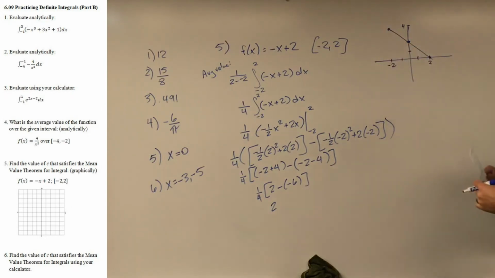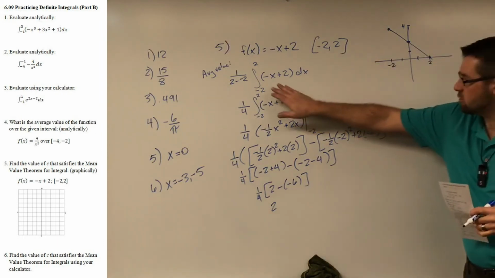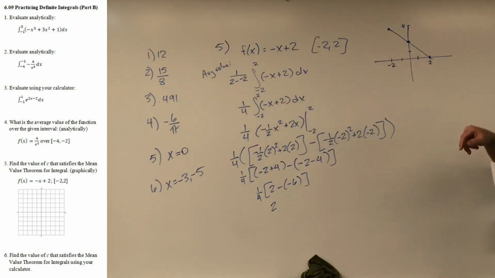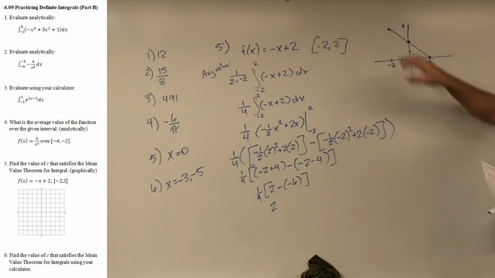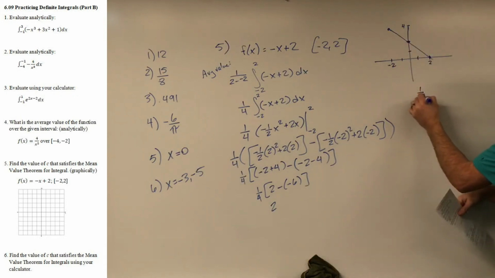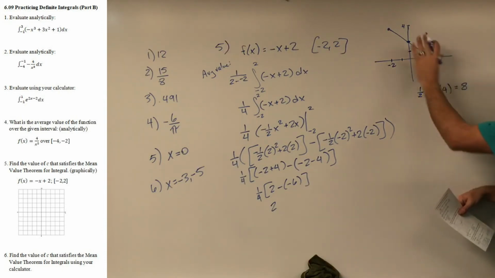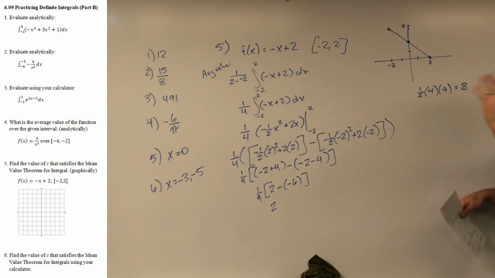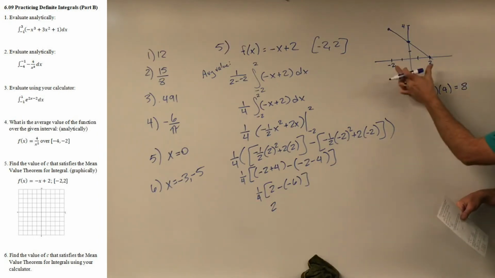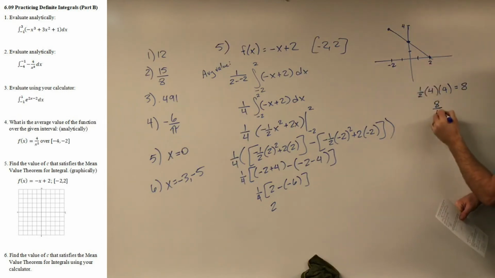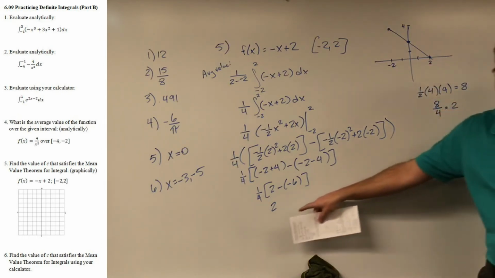That's the interval we're looking for. Finding just the integral, we're taking the area under the curve, so that would be 1/2 of 4 times 4, which is 8. That's the area under the curve. What do I have to do to find the average value? Divide by the width, which is 4. That's where we get the 2 from, right?